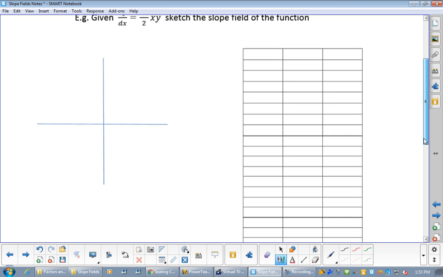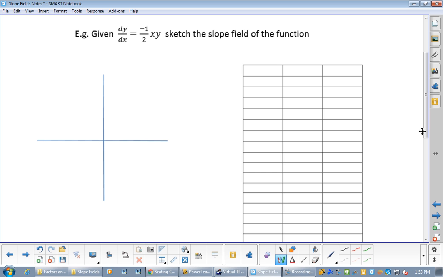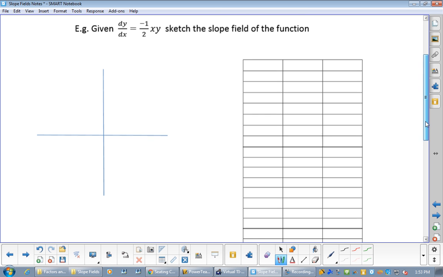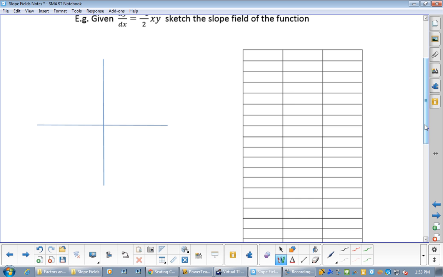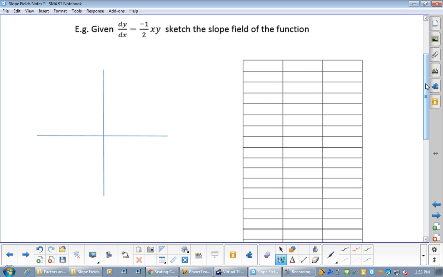Okay, so this one's different because it has dy over dx equals negative 1/2 xy. So we want to start picking points. You can see that the chart that I've done on the side is much more elaborate. So we've got our x and we've got our y's, and then we've got our dy over dx equals negative 1/2 xy.